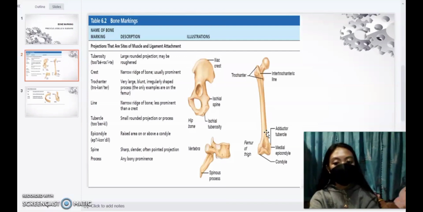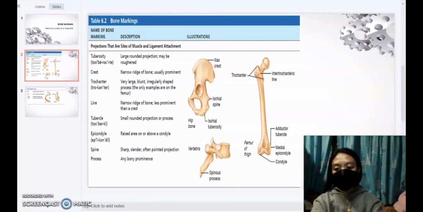So the linea aspera, which would be on the posterior aspect of your femur, is where your hamstring muscles will attach to the femur, and it's along this line, and the definition is a narrow ridge of bone. It's usually less prominent than a crest, and you'll see that all of these sound somewhat similar.